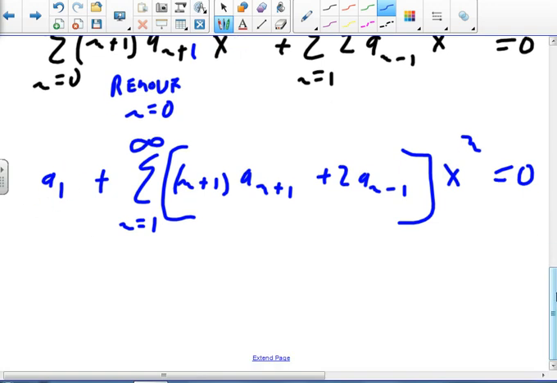All right. So what do I know? Well, I know that a0 is going to be arbitrary. I also know that a1 is going to be 0, because a1 is sitting out here by itself with no x term associated with it, so it has to be 0.